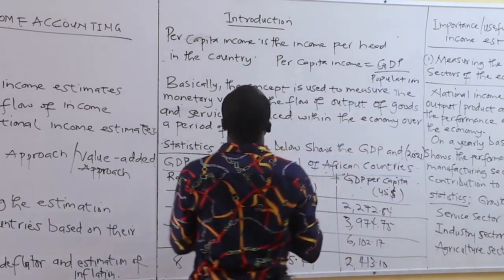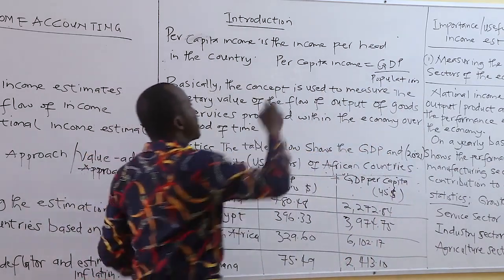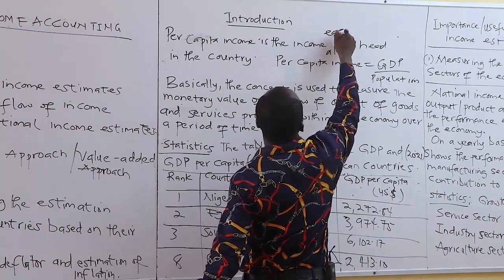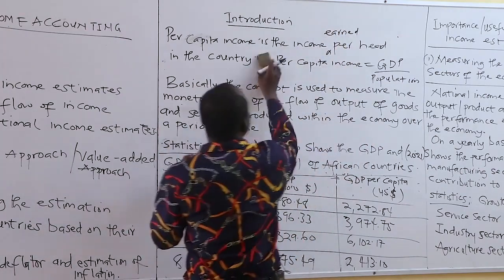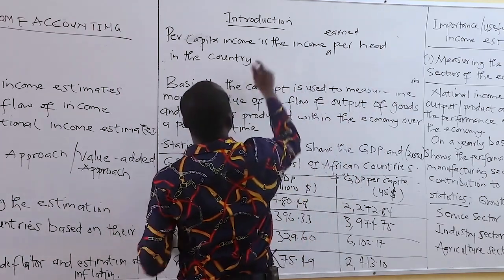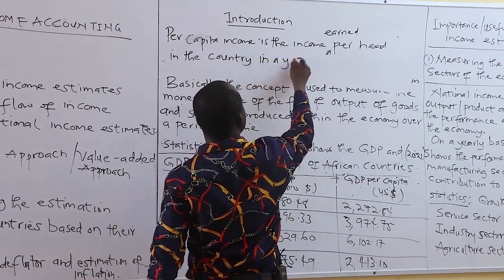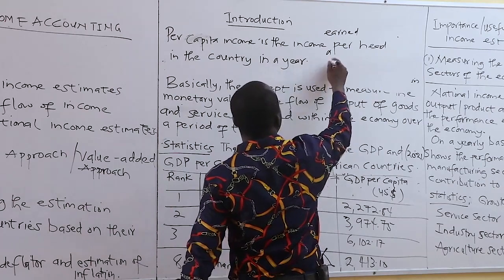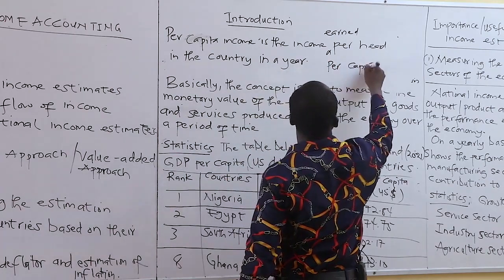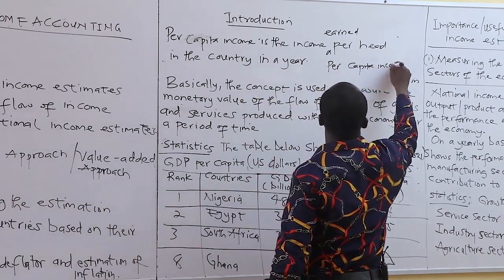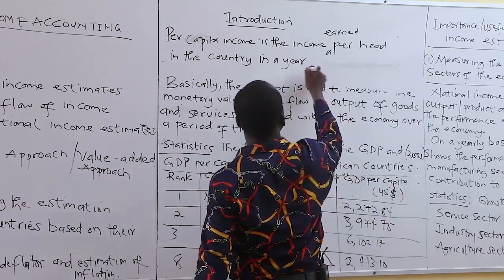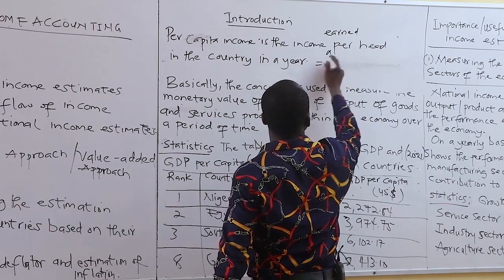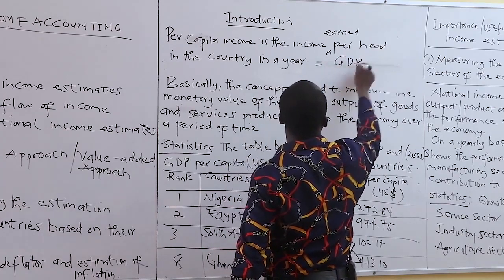So what is the per capita income? It is the income earned per head in a country in a year, right? So the country's per capita income is equal to GDP divided by population.